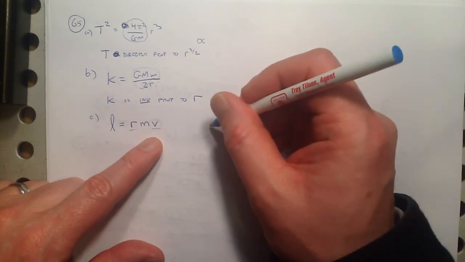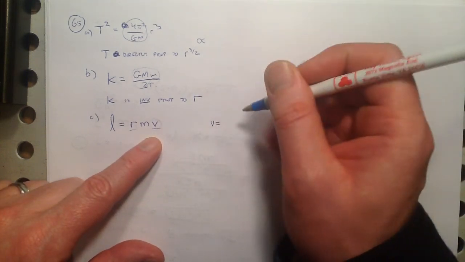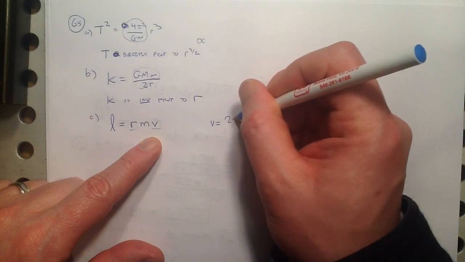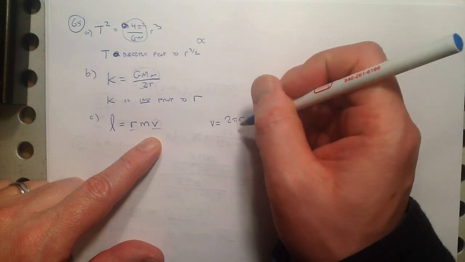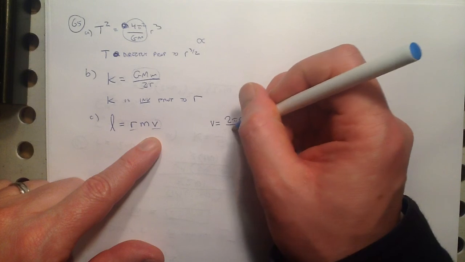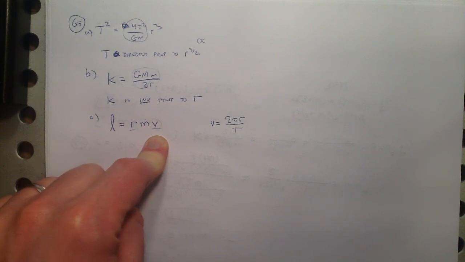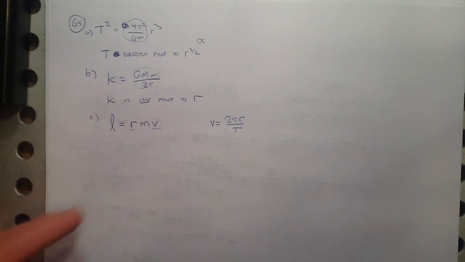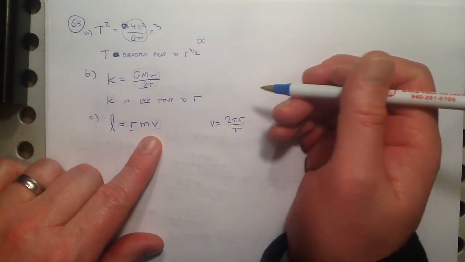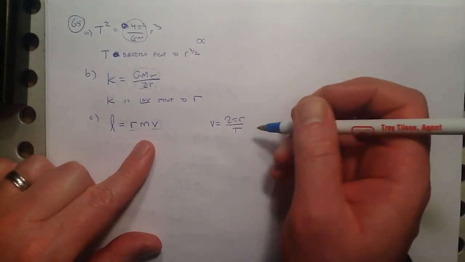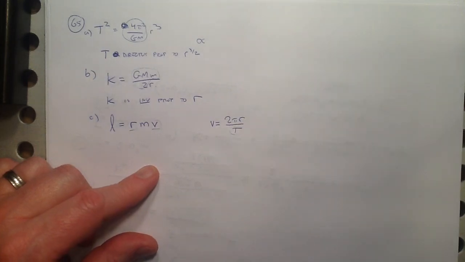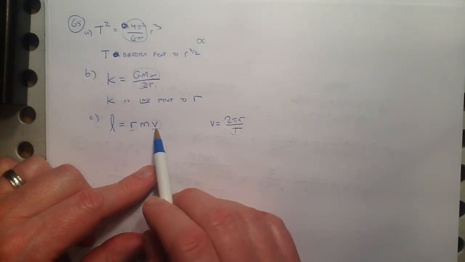Well, v for something moving in a circle is equal to 2 pi r over T, right? But that also has a variable in it. So let's see. How do we want to get that v out of there?